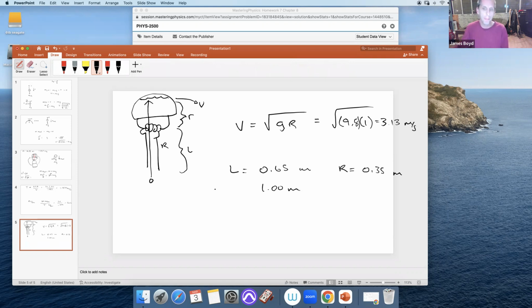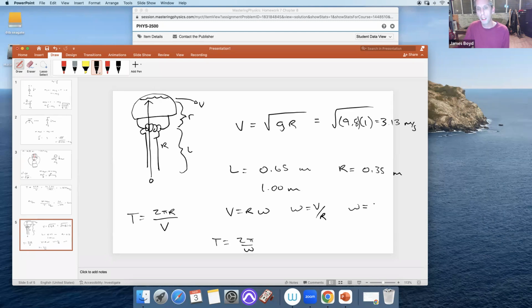Now, we want revolutions per minute. So again, the period is 2 pi r over v. Another thing we could do is find omega, and remember that v is r omega, so omega is v over r, and this is how they did it. That means our period is 2 pi over omega.